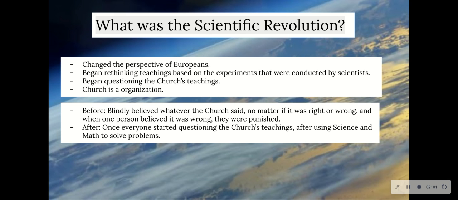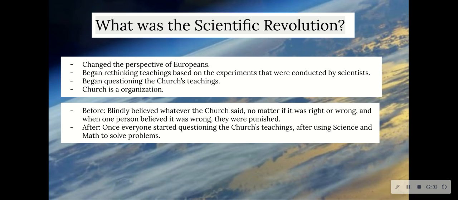What was the scientific revolution? The scientific revolution changed the perspective of Europeans and how they viewed the world. They began rethinking teachings based on the experiments that were conducted by science. And these teachings came from the church. At this time, the church is an organization, which means that before, everyone blindly believed whatever the church said, no matter if it was right or wrong.